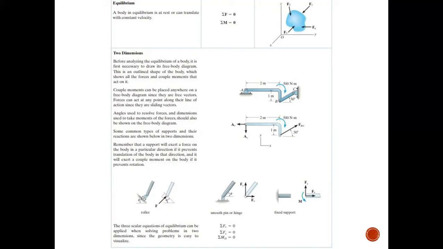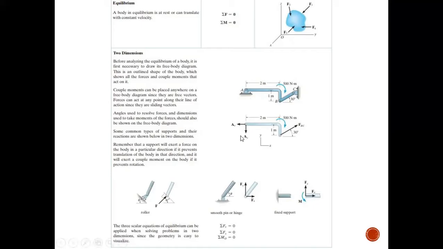Couple moments can be placed anywhere on a free body diagram since they are free vectors. Forces can act at any point along their line of action since they are sliding vectors. Angles used to resolve forces and dimensions used to take moments of the forces should also be shown on the free body diagram. Some common types of support and their reactions are shown below in 2 dimensions.